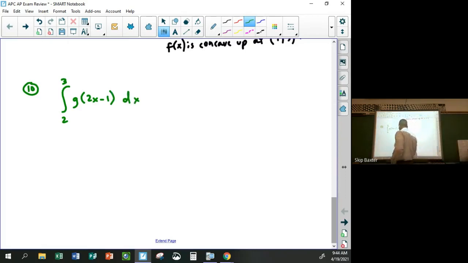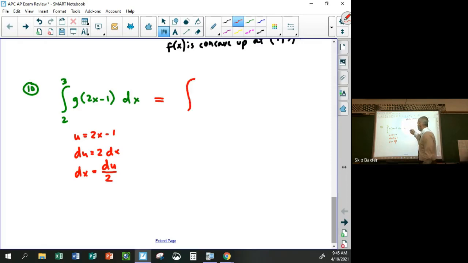So if you were doing u substitution here, u is equal to 2x minus 1, du equals 2 dx, dx equals du over 2. Then when you make the substitution, you have g of u times du over 2. And remember, you have to change these limits of integration, right?